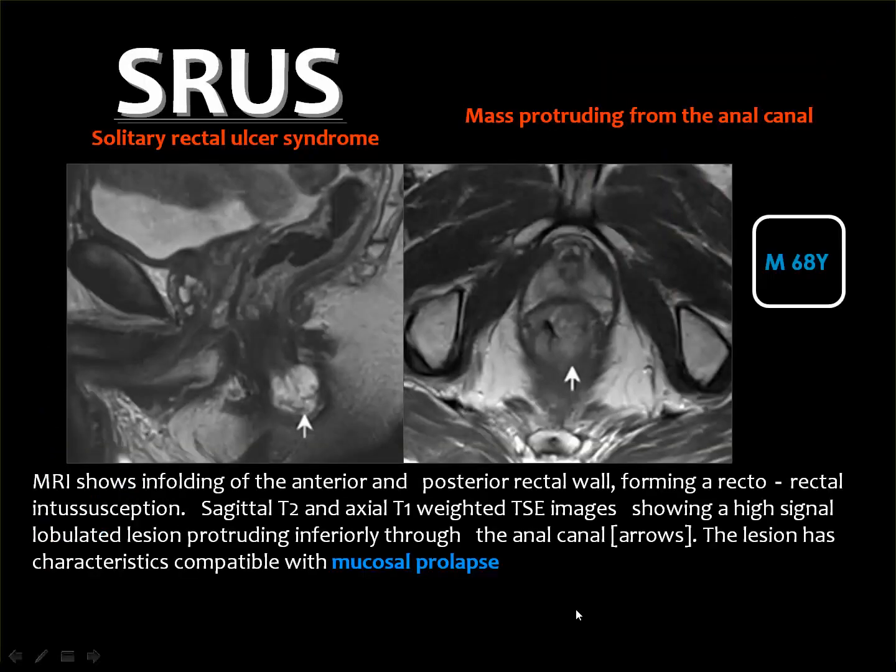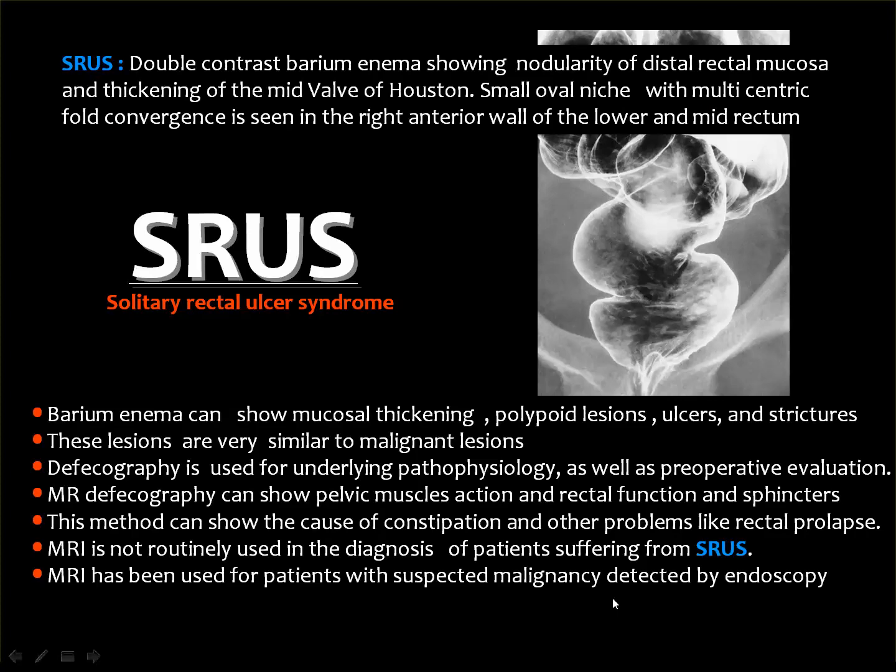Actually, the role of imaging here is extremely limited because you see this lesion, which is bright in the T2 weighted image, and according to the literature, they said that this is classic for mucosal infolding or mucosal prolapse, and I don't think so, in my opinion, but this is just an example of the appearance in the MRI.